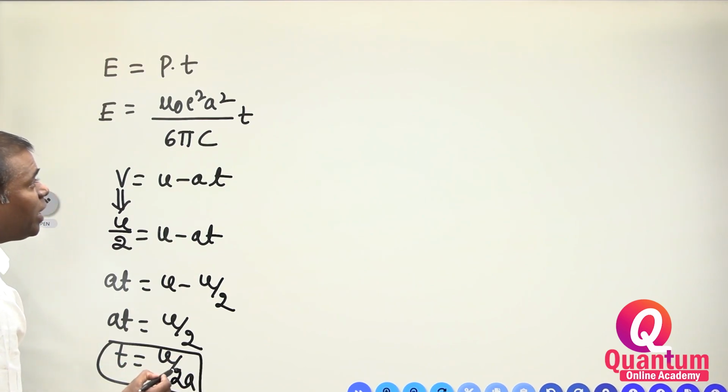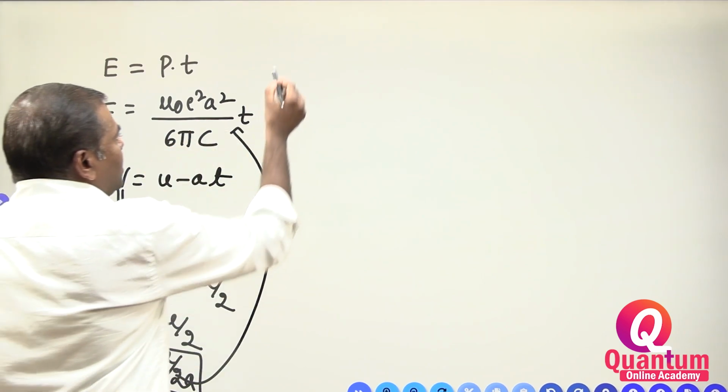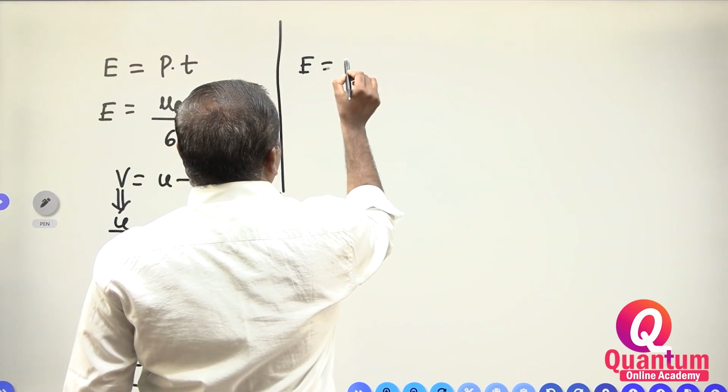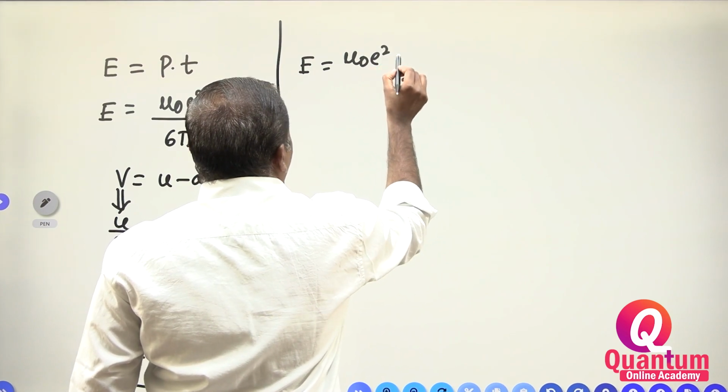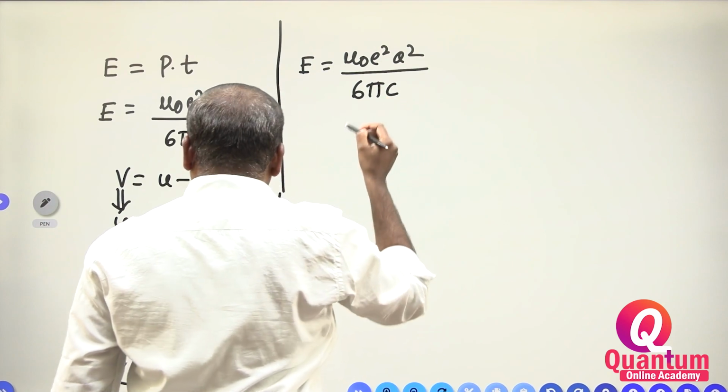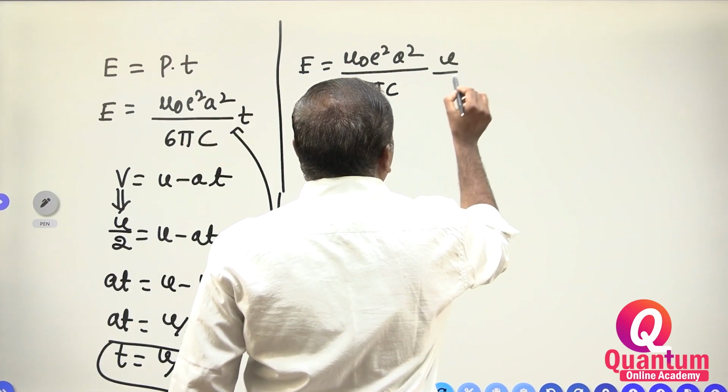This u by 2a you have to substitute here. Therefore, E is equal to mu naught e square a square divided by 6 pi c into u by 2a.